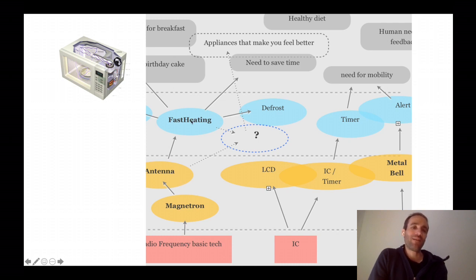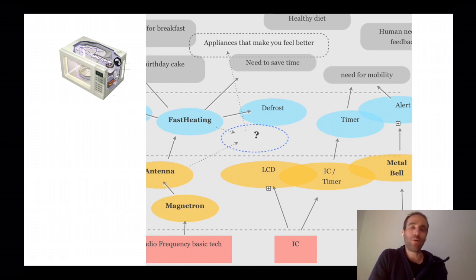Now, the next level, we plot the functions of the microwave. What are the functions? Well, one of them is fast heating, another one is defrosting, another one is timing, and another one is to alert when the food is ready, right? So can you see the connections here? And finally, we plot the market needs.